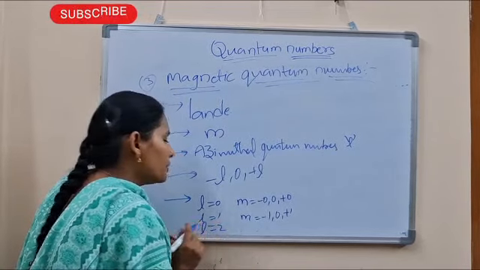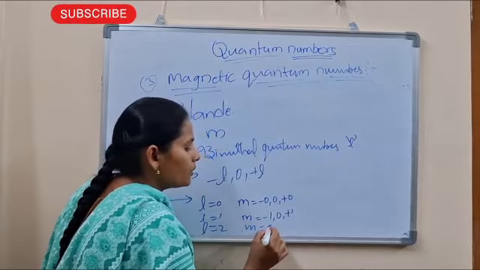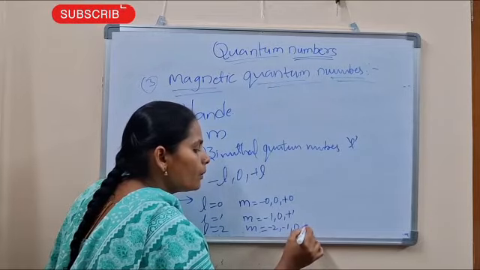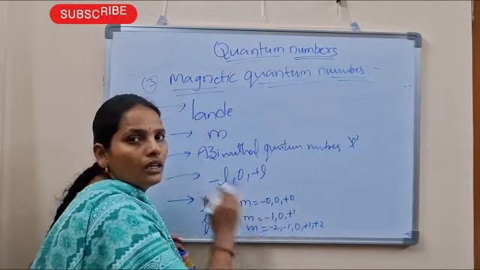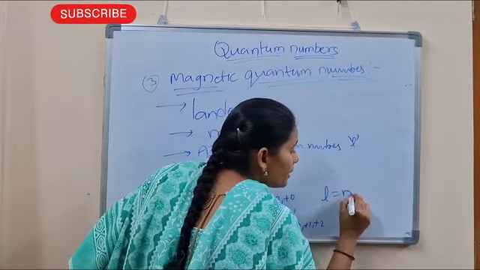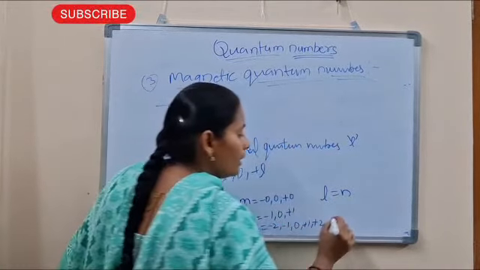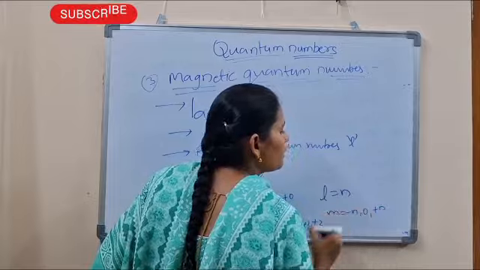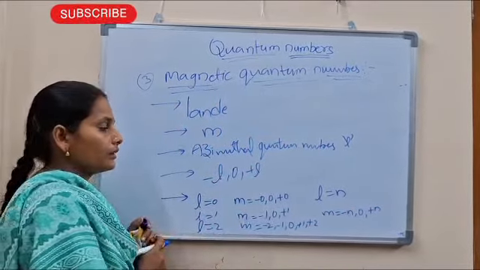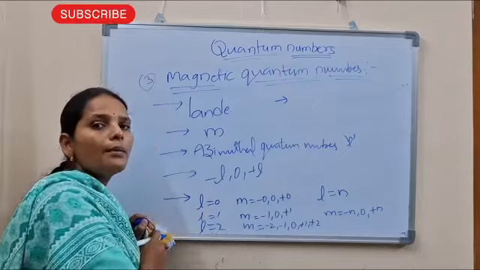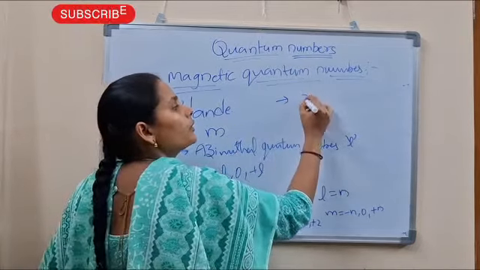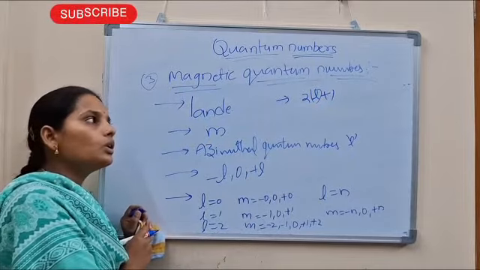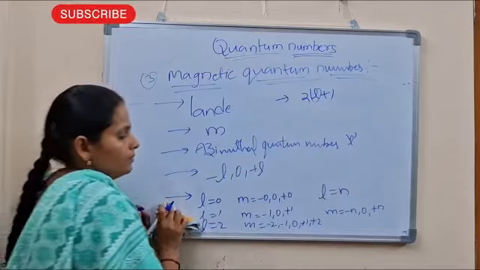If l equals 2, m equals minus 2, minus 1, 0, plus 1 and plus 2. Likewise, if l equals n, then m values are minus n, 0 and plus n. The total number of m values is equal to 2l plus 1.